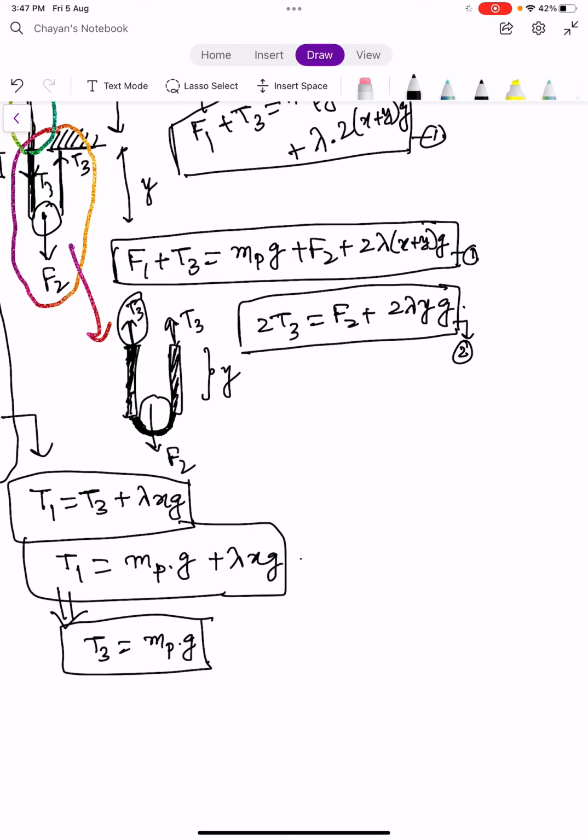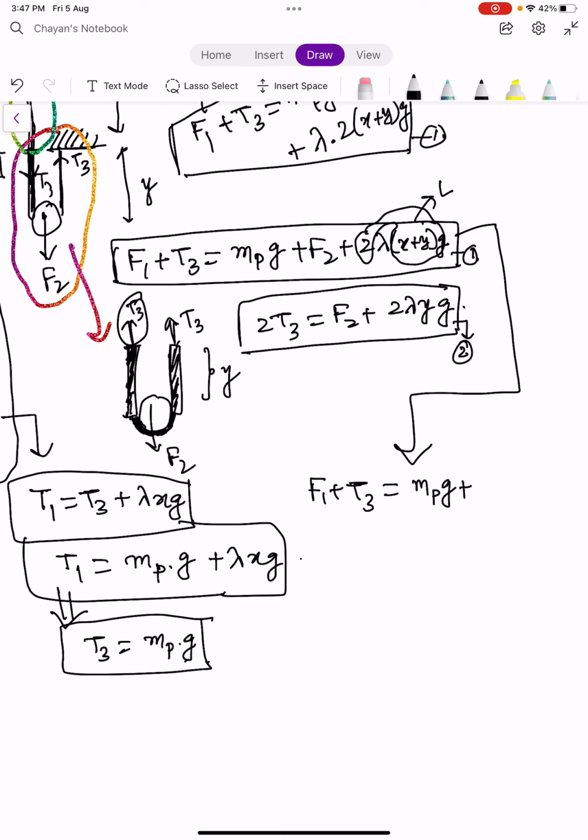So from equation 1, if we put T3 equals MP into G, then F1 plus T3 equals MP into G plus 2 lambda X plus Y, which is L, the total length of the rope, so lambda L into G plus F2.